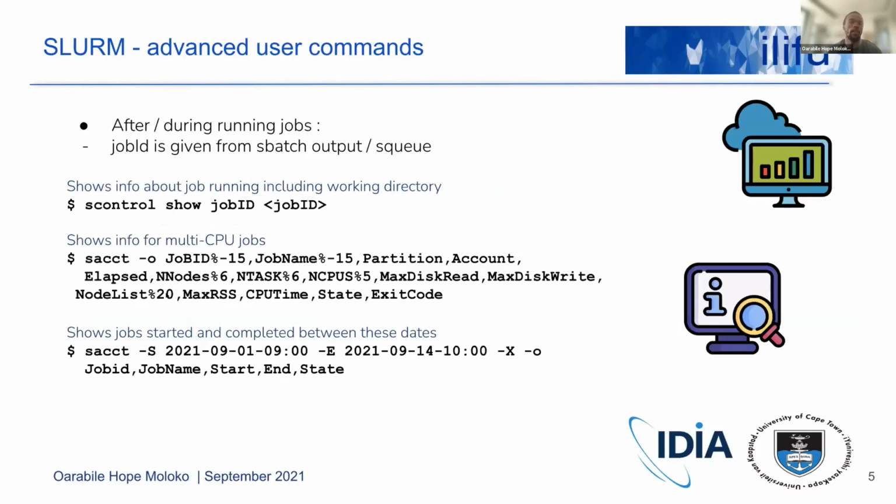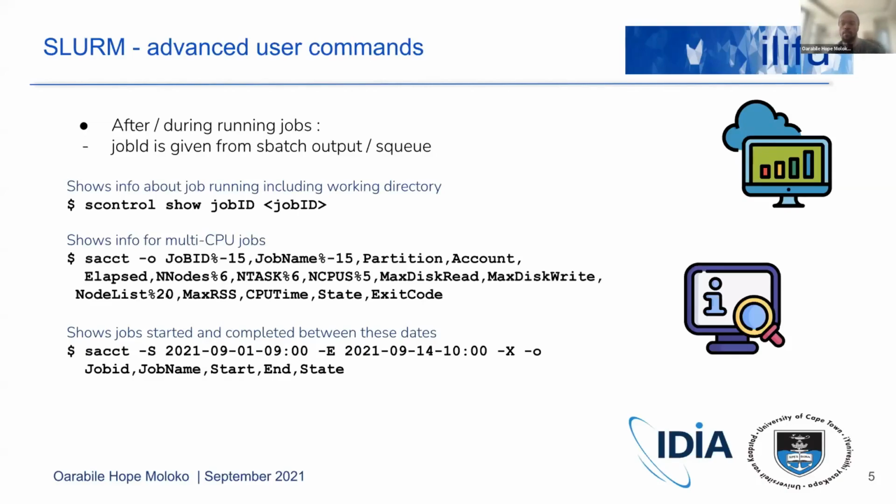So moving forward, once you have your job running or completed, after knowing which resources to use and what accounting group you are, you can inspect SLURM and get information about your jobs.